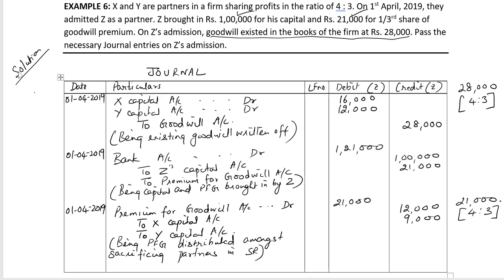So we have done one sum where goodwill already existed in the books of the firm, 28,000 rupees, and we began by writing off the existing goodwill among the old partners in their old profit sharing ratio. Let's go to the next example.